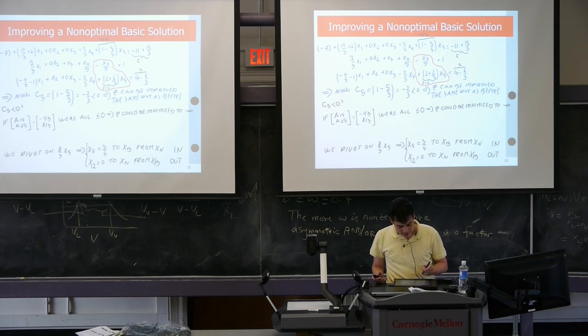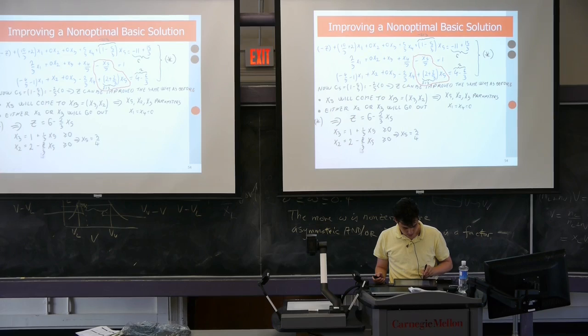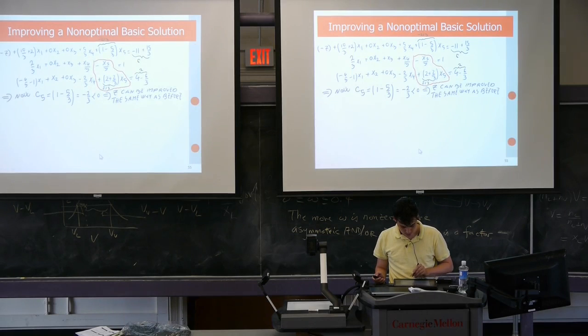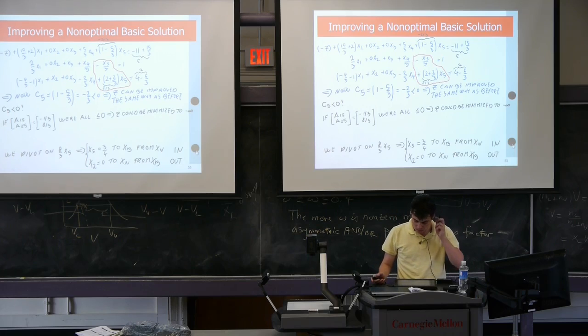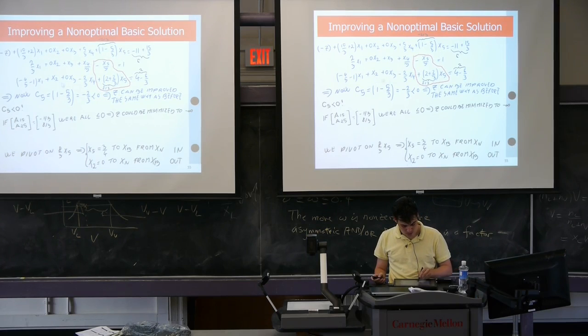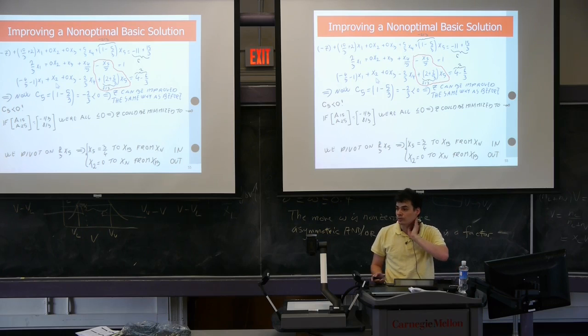But in our case, there was one variable that was positive, so we decided to do the pivot here. It just means that x5 comes in, and because we did the pivot in the second equation, x2 is going out of the basis to become a non-basic variable.